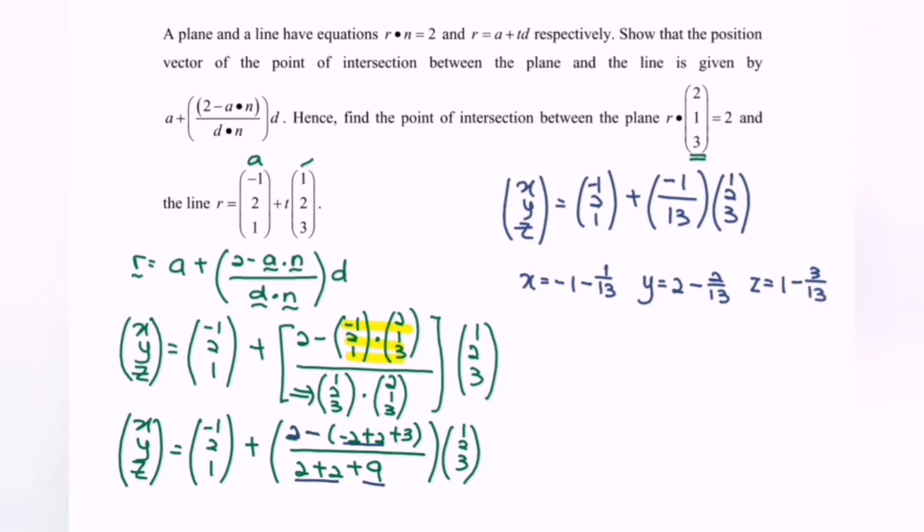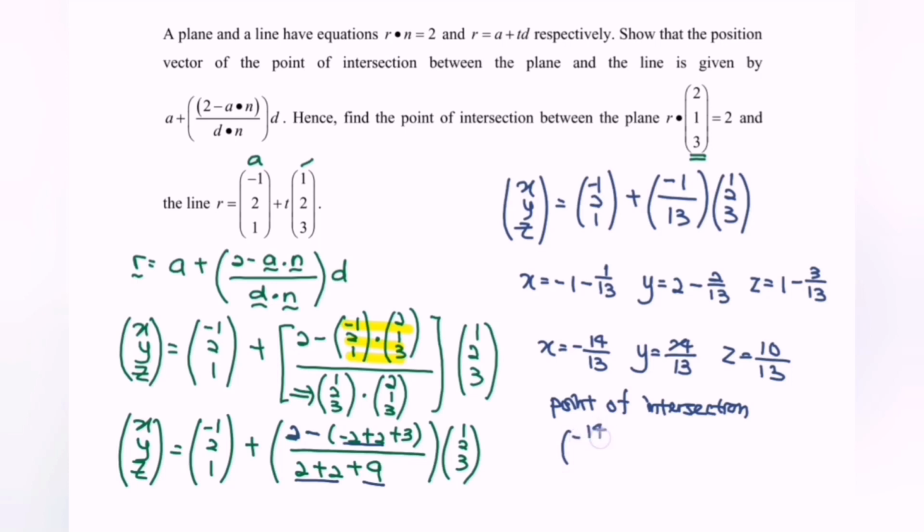So finally, x equals negative 14 over 13, y equals 24 over 13, and z equals 10 over 13. The question asks for the point of intersection, so it is (-14/13, 24/13, 10/13).